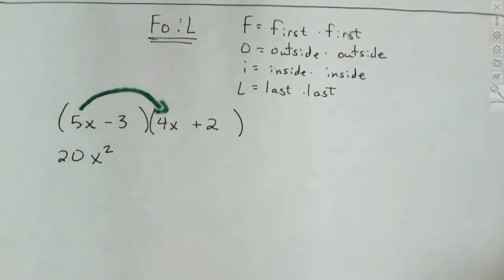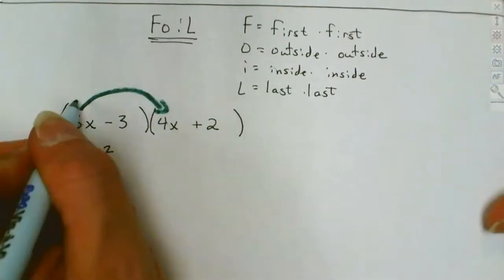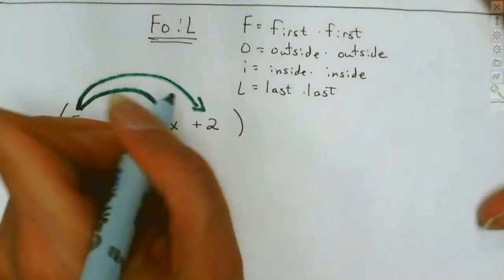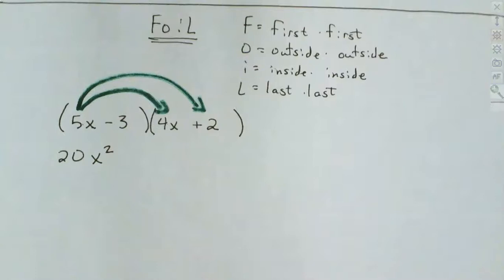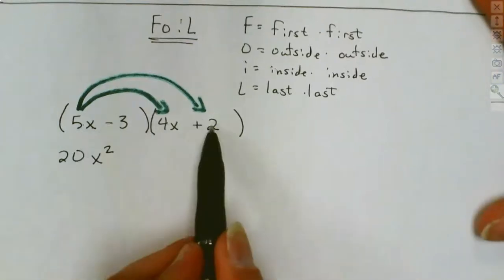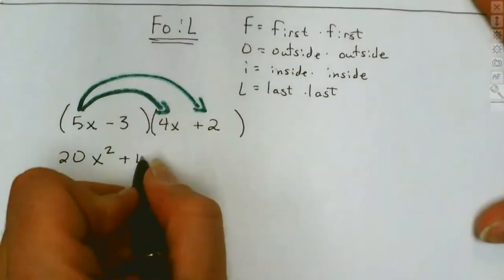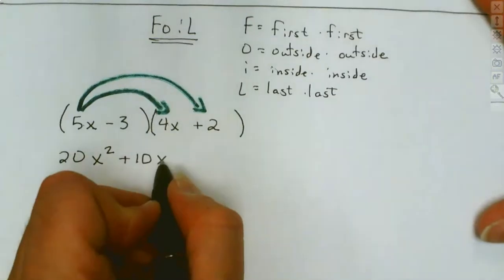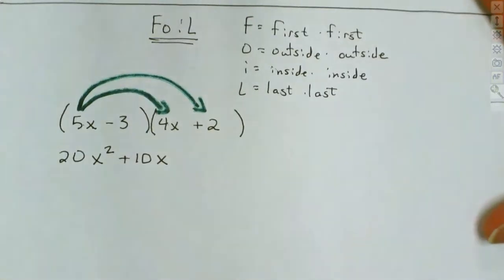Then we do the outside times the outside. And you can do these in any order that you want, but I always try to follow the FOIL method. That way there's less confusion. So the outside times the outside. Well, 5 times 2 makes it a 10. There's no other x's, so that's just a 10x there, right? First times first, outside and outside.